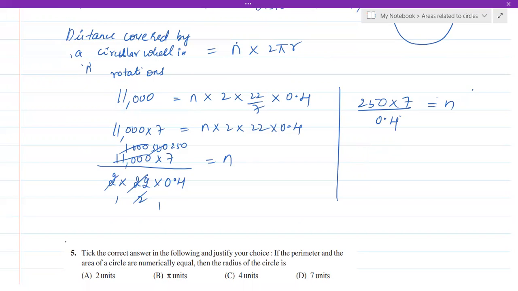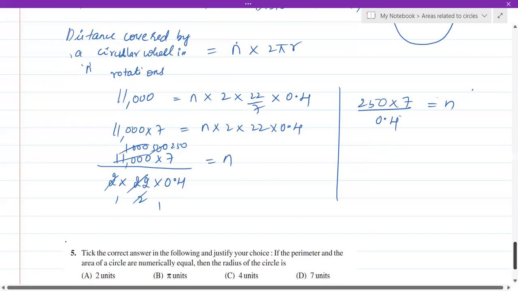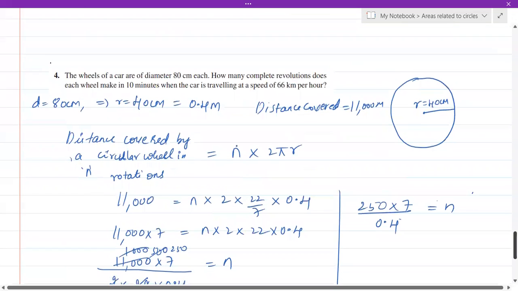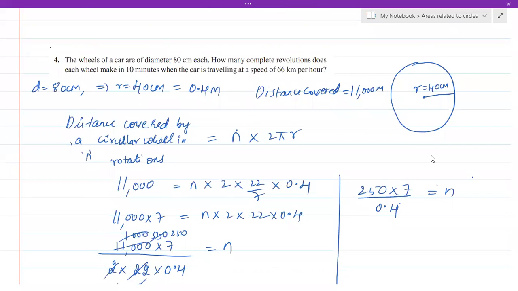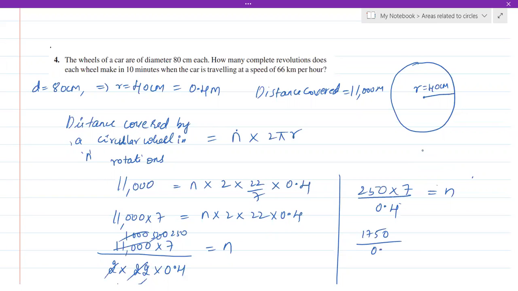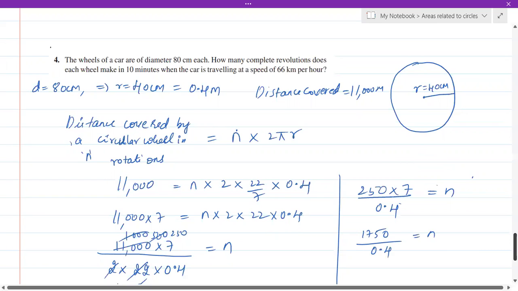Once again, I guess we have made a small mistake. Yes, you can actually divide by 4 itself, or let's multiply the numerator. 1750 by 0.4 equals n.